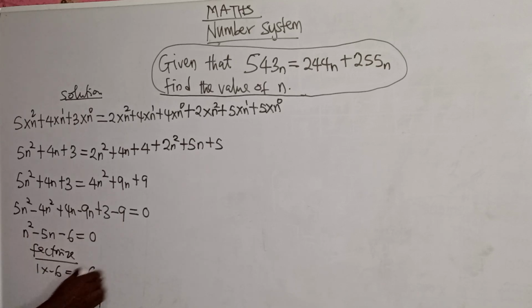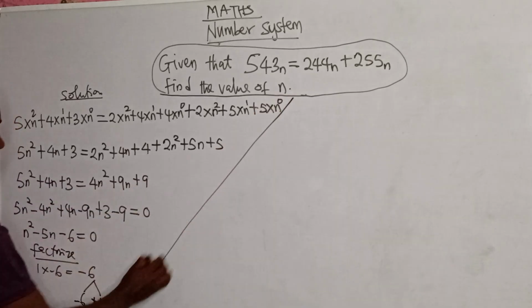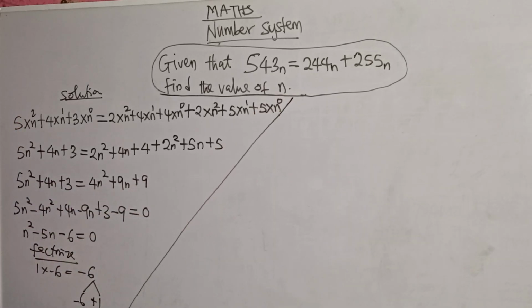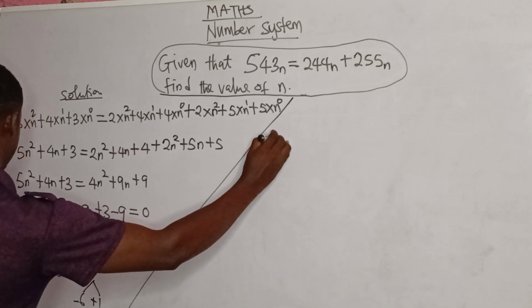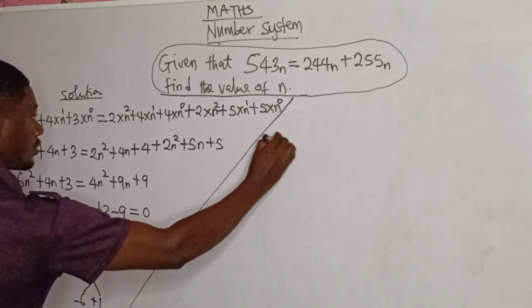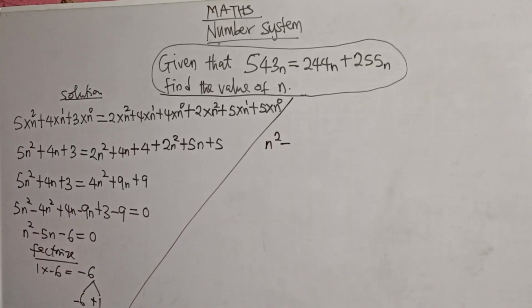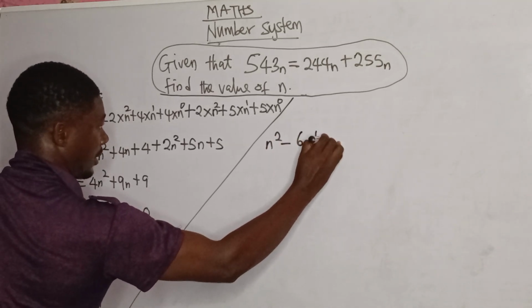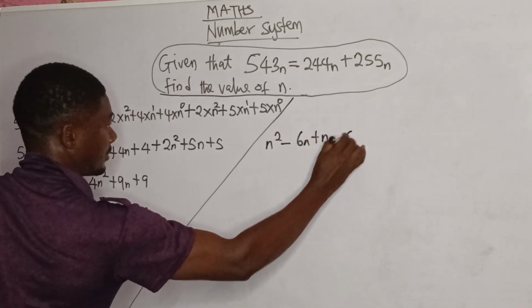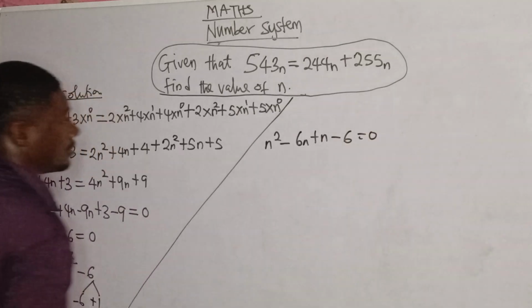That will now give us, remember, n square minus 6n plus n minus 6 equals to 0.